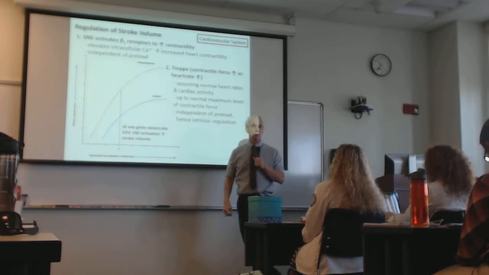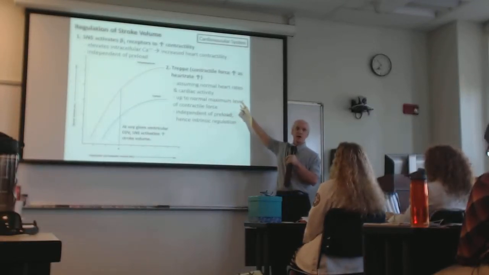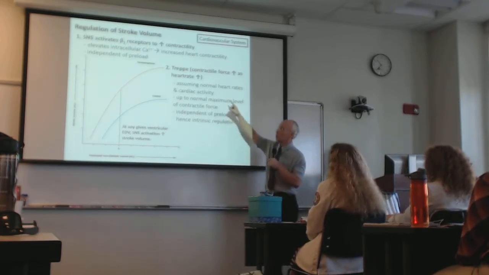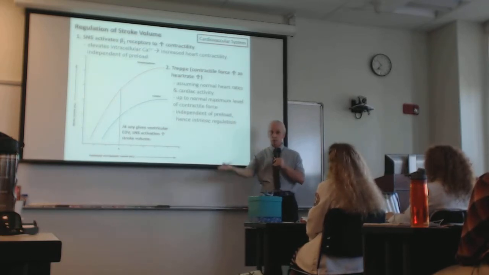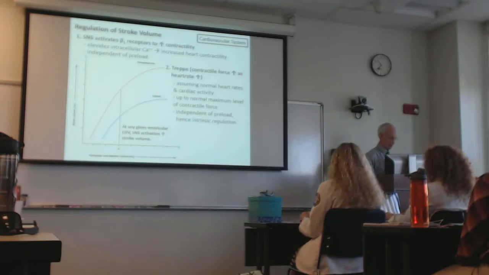Right, because as the rate goes up, there's insufficient time for the blood to fill the ventricle, so cardiac output is going to decline. So treppe only works as we elevate heart rate from a normal homeostatic level. As we get to a certain point, let's say around, depending on the age, health and fitness, 180 close to 200, that's no longer going to apply.